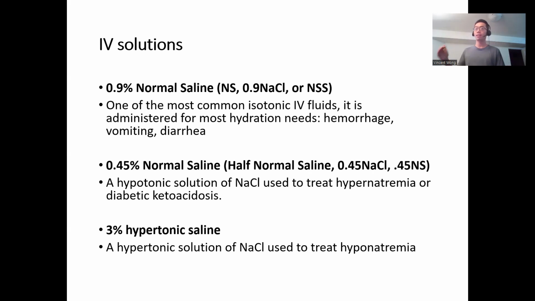So that's the level that's isotonic to the cell. And we give it for people who need hydration, so people who suffer from excessive bleeding, hemorrhages, vomiting, diarrhea, and they just need a bit of fluid.